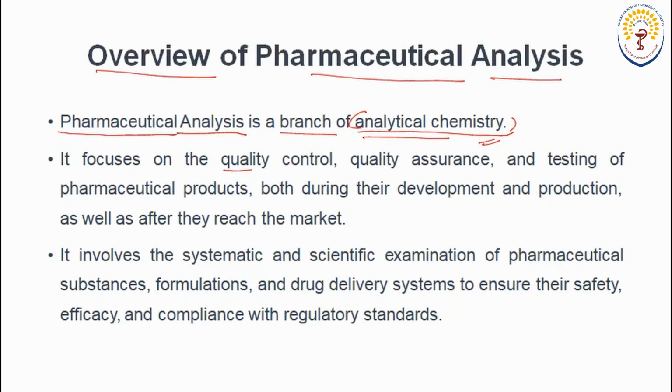It will focus on the quality control, quality assurance, and testing of pharmaceutical products. So it means that it will be focused on the analysis of the pharmaceutical product, and in that analysis our objective would be to control the quality, to assure that the quality of the product is good, and we are testing the pharmaceutical products from time to time.